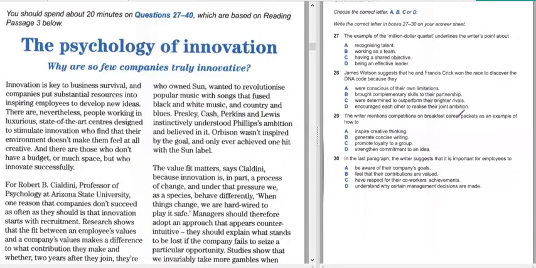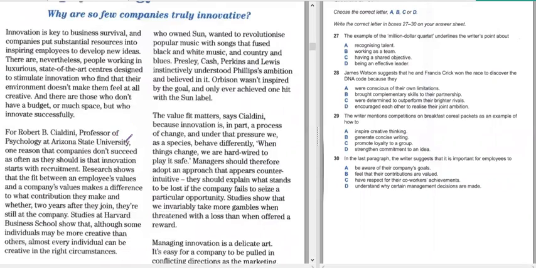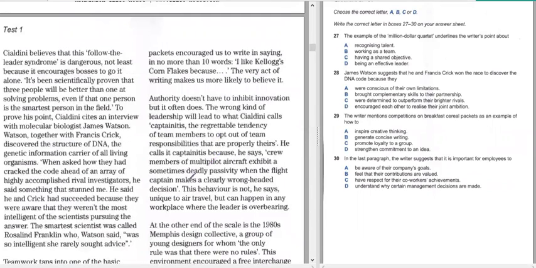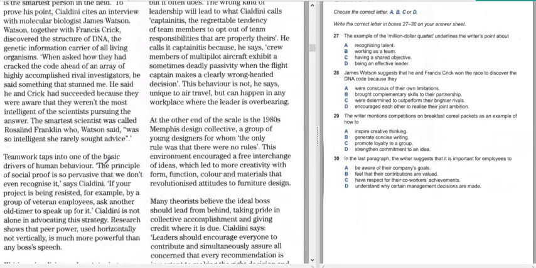Okay, so where is this information on competitions on breakfast cereal packets? Maybe on the next page, in the next para, teamwork taps one of the basic drives, where the principle of social proof is.